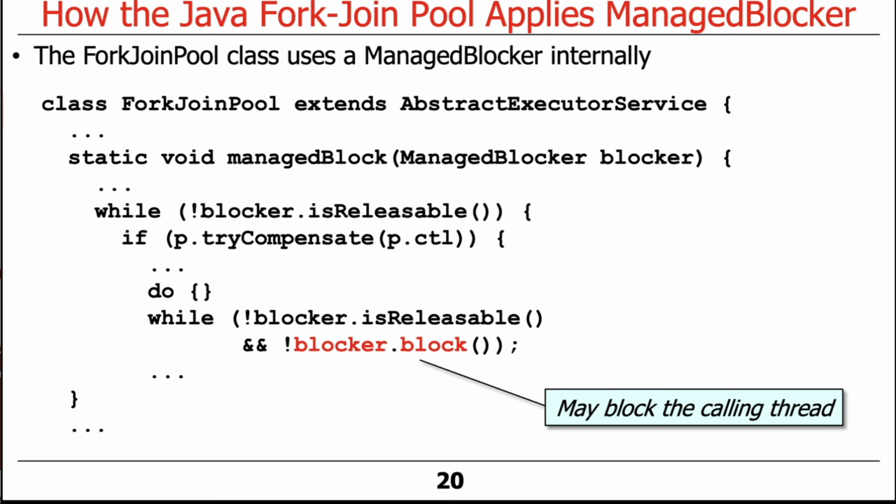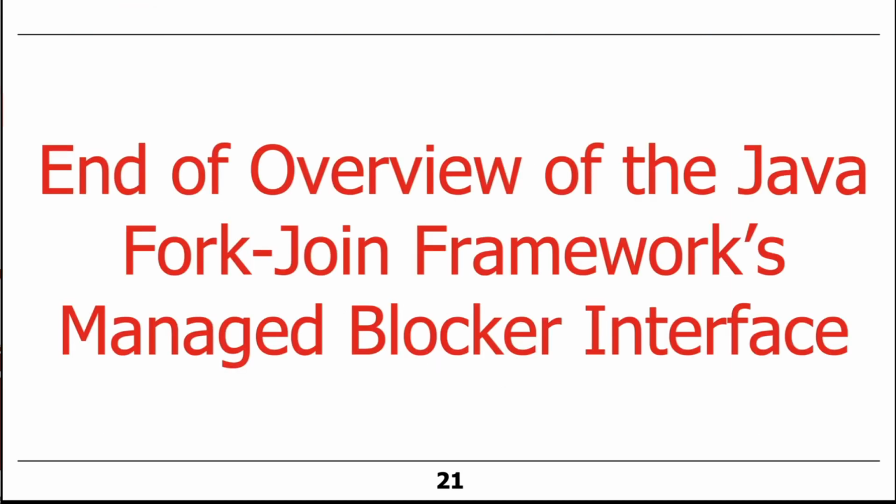If this happens to block, that will cause the Java common fork join pool to spawn another thread and let it go and do something else while this task is blocking, waiting for whatever it's waiting for: I/O, synchronizer, message, and so on. So that's the end of the quick overview of the Java ForkJoin framework's managed blocker interface. We will come back and talk about this in much more detail and look at some examples shortly.